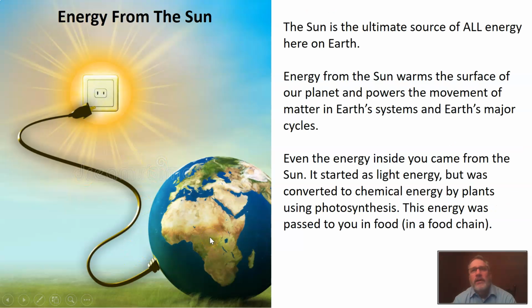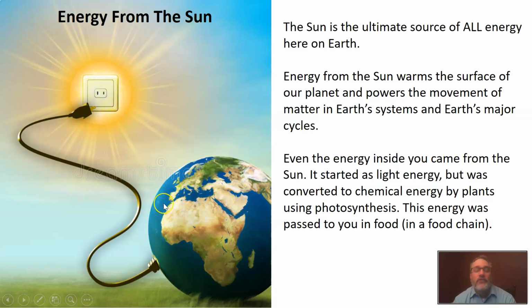So I mentioned that really, with this Earth system, one of the things we have to look at is matter and energy, and how matter and energy move through the Earth system. First off, most of you already know this: our sun is the ultimate source of all energy here on Earth. Light energy from the sun is going to travel by radiation through empty space, and it's going to arrive here on our planet.